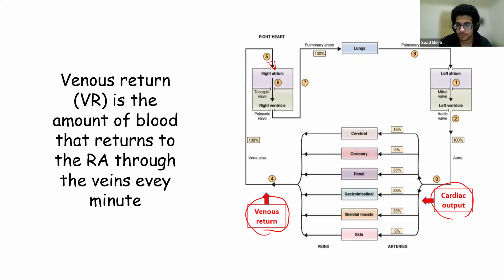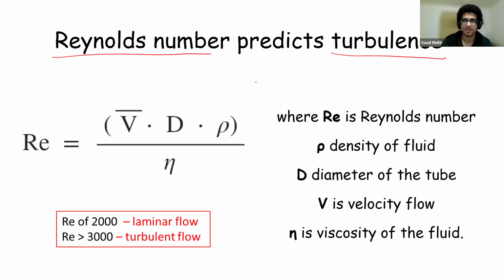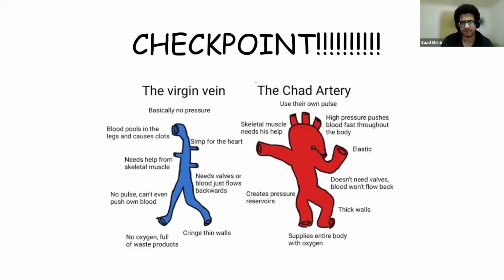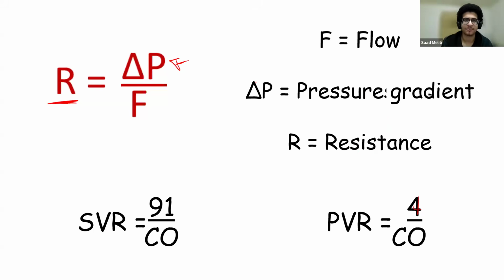If we look here at the systemic circulation, the flow going to all these arterioles is, let's say, 5 liters per minute. It's the cardiac output.